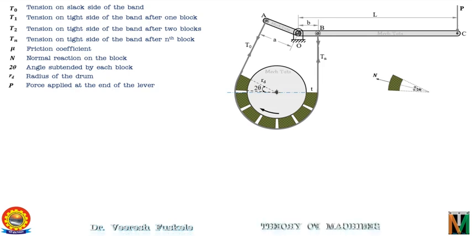These two angles will be theta. Next we have the tension T0 on the slack side, tension T1 on the tight side, that is the tension in the band between the first and second block. And last, there will be a force of friction mu N as shown in the figure. As the drum is rotating in the clockwise direction, the friction force on the drum will be in the anti-clockwise direction.